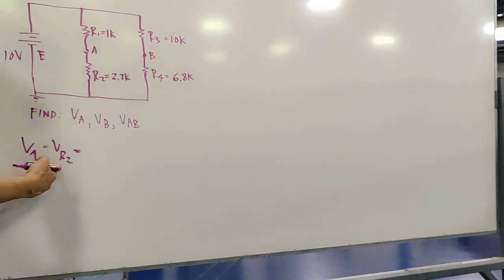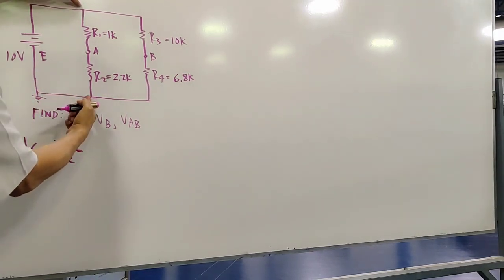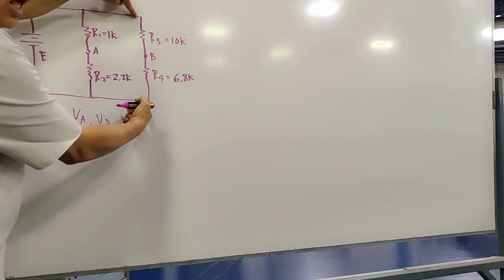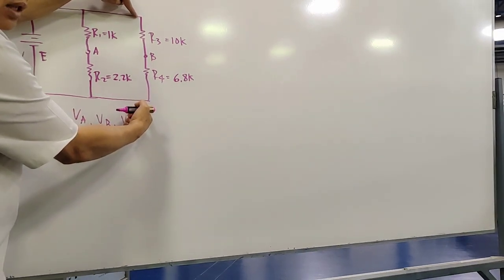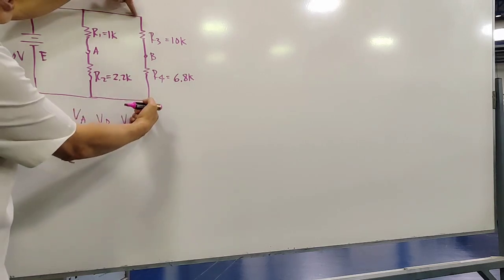So, let's apply the divider rule. Since this voltage is across this one, which is also the same as the voltage here, the voltage across these two points is also the same as the voltage across these points, right?